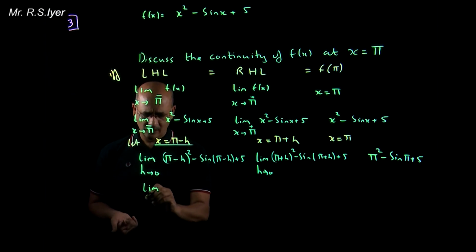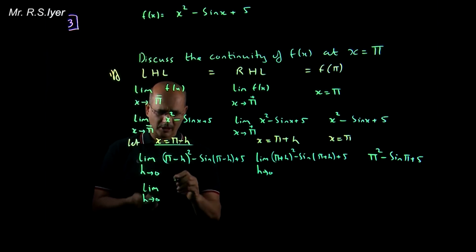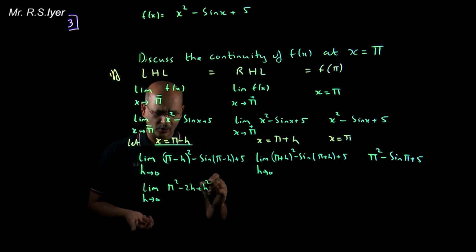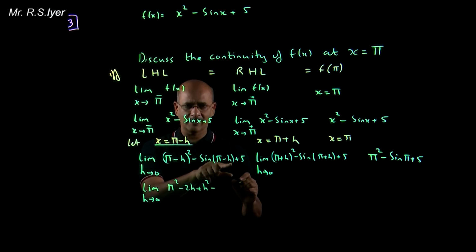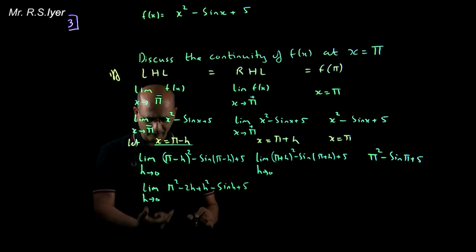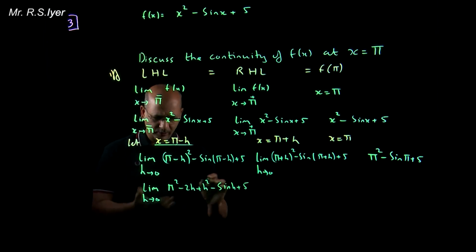So limit as h approaches 0. There is no need to do it, but still you can do that. It is pi square minus 2 pi h plus h square minus sin(180 minus theta), which is sin theta, sorry, so sin h, plus 5. Okay, now I will evaluate this part. As the denominator is 1, I can take the limit.